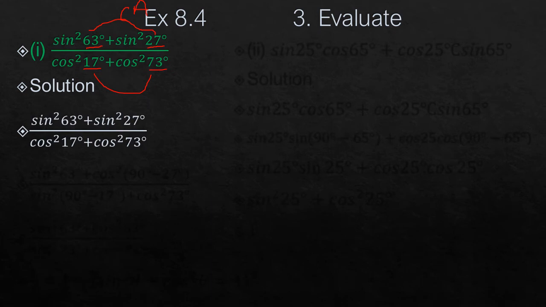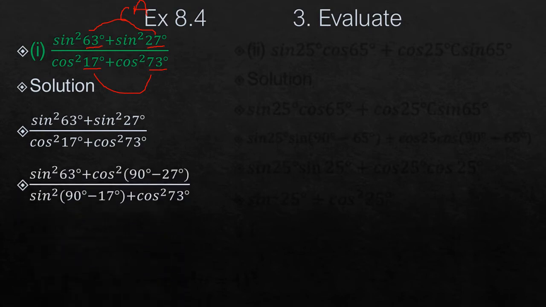So let us start. Solution: sine square 63 degree plus sine square 27 degree upon cos square 17 degree plus cos square 73 degree. Since these angles are complementary, 63 and 27, 17 and 73, we will change one of these angles, one in the numerator and one in the denominator. Okay students, so see how. You can write sine square 63 degree as it is.